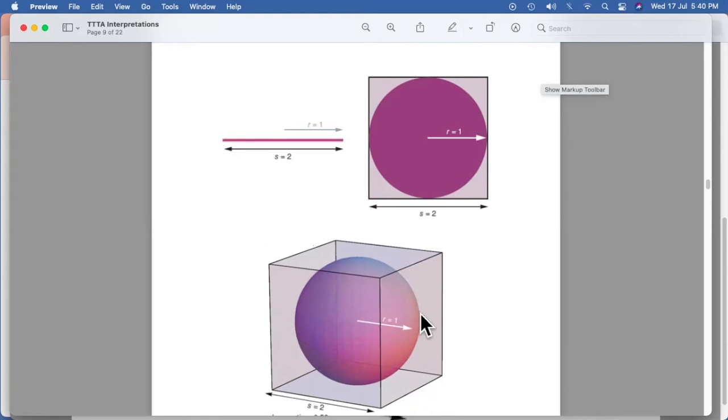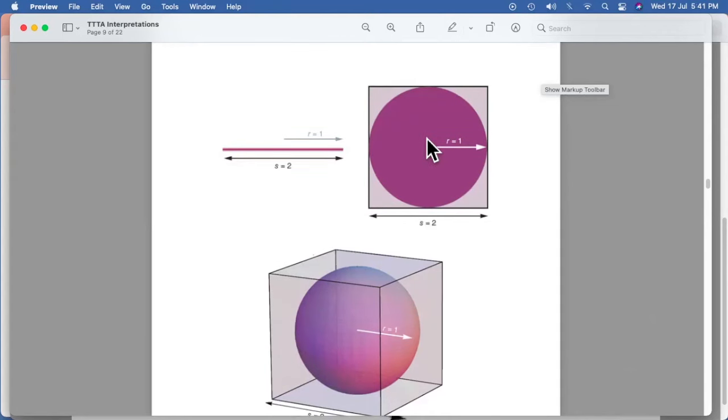All 6 sides of the cube touch the sphere. That is, the diameter of this sphere is equal to the side of this cube.